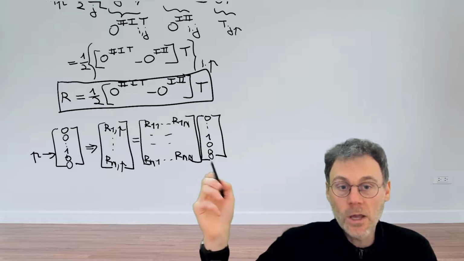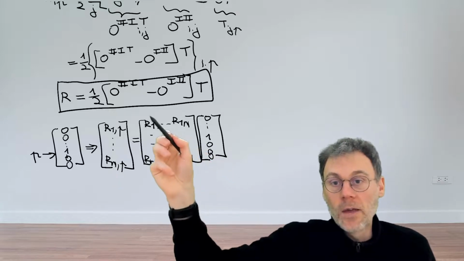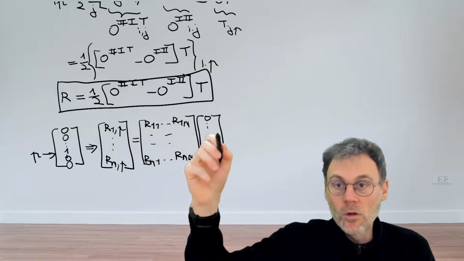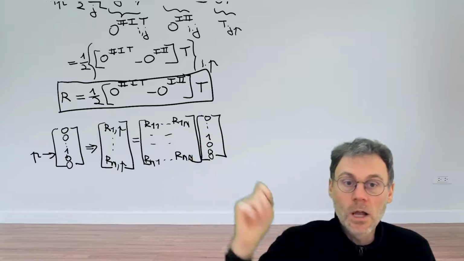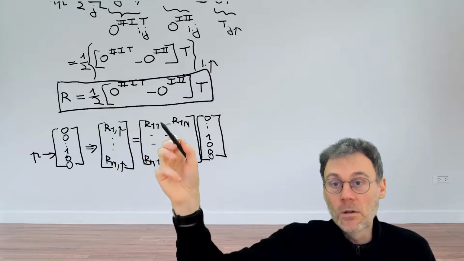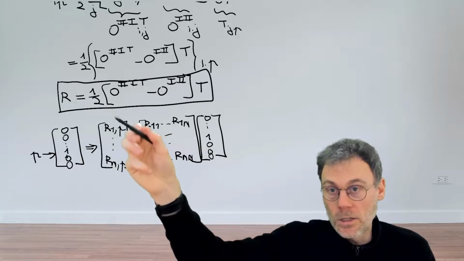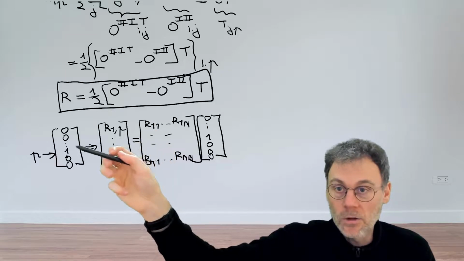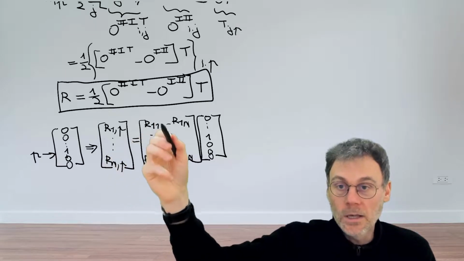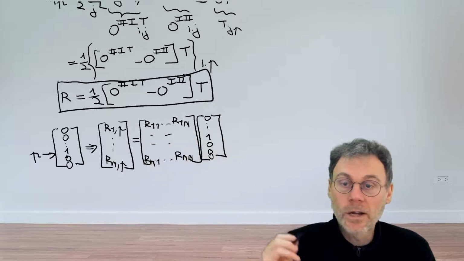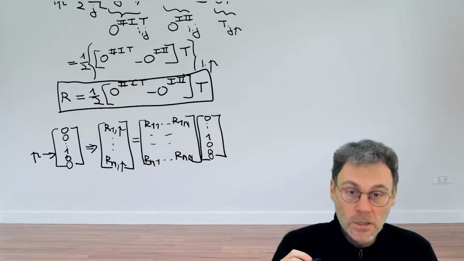Because this matrix multiplication, if you do it step by step, you will notice that this 1 here will result in picking out the pth column of this particular matrix. So this really shows you that you can calculate the resulting field by taking the reflection matrix and multiplying it with the vector corresponding to the incident field.